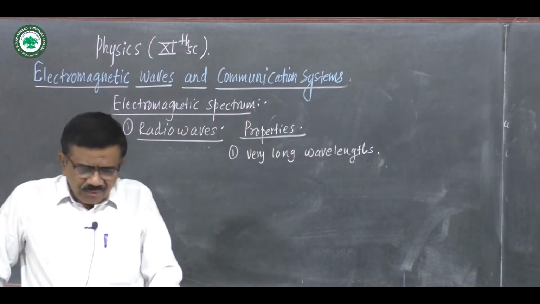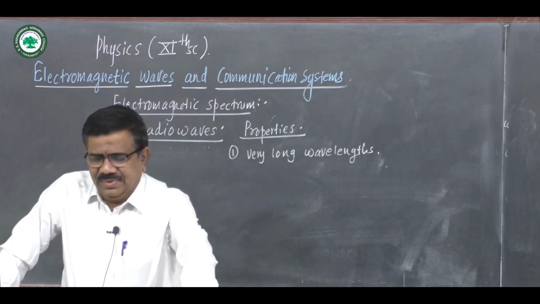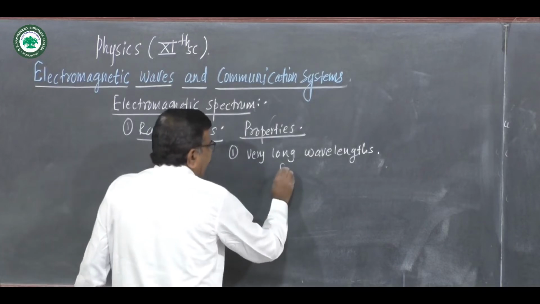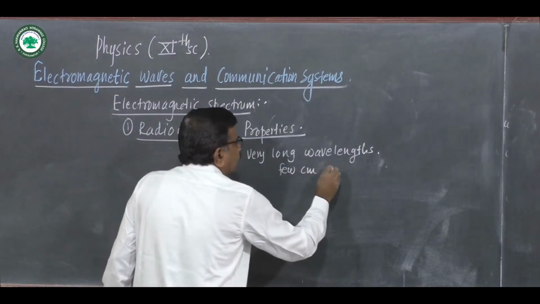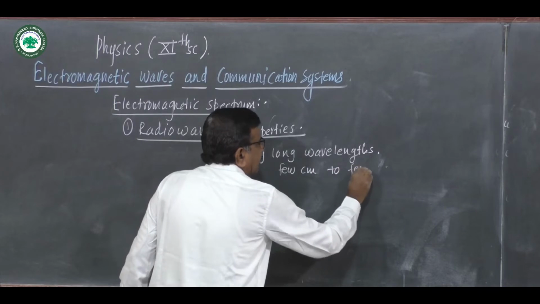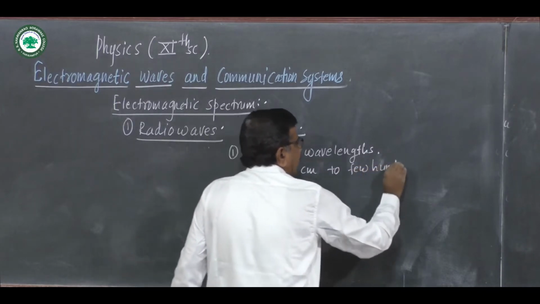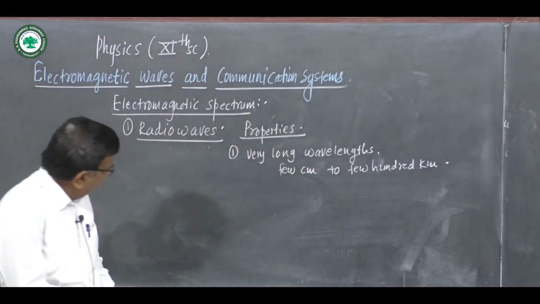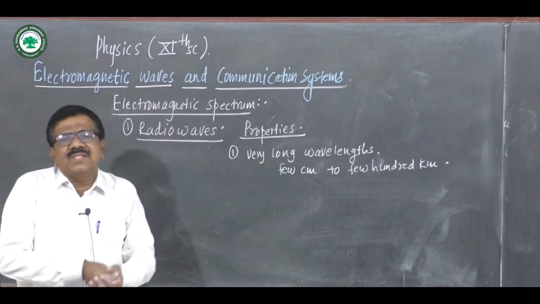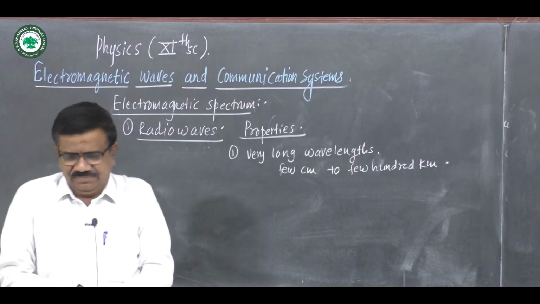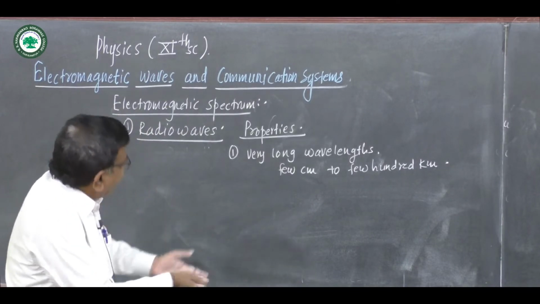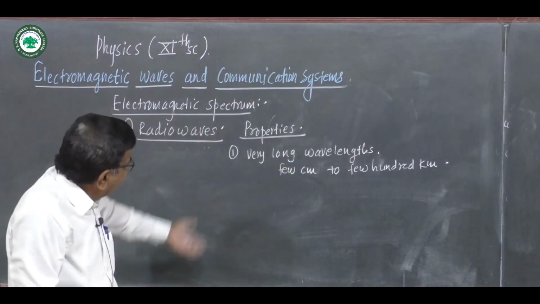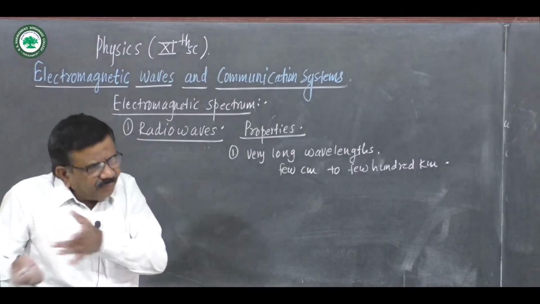The wavelength is from a few centimeter to a few hundred kilometer. The main property is that the wavelength of the radio waves is very large in the spectrum. It ranges from a few centimeter to a few hundred kilometer. As the wavelength is large, the frequency is low.